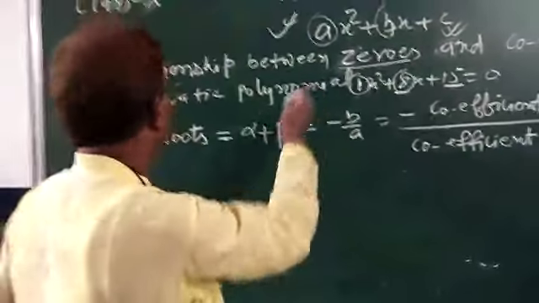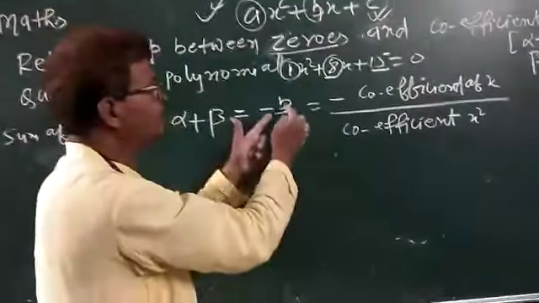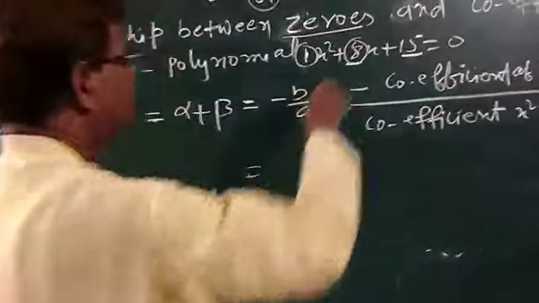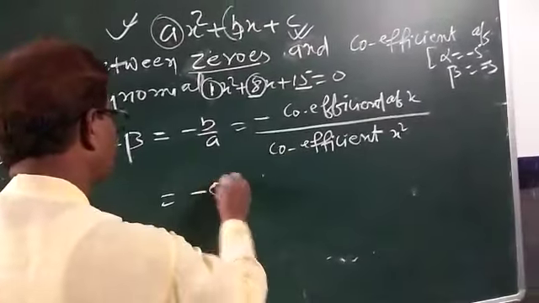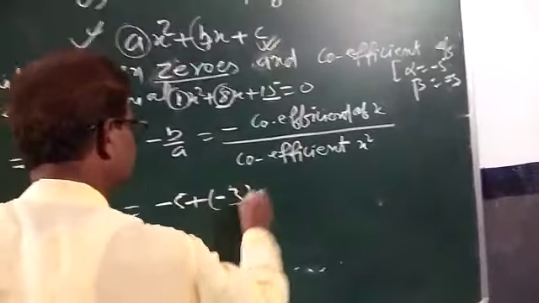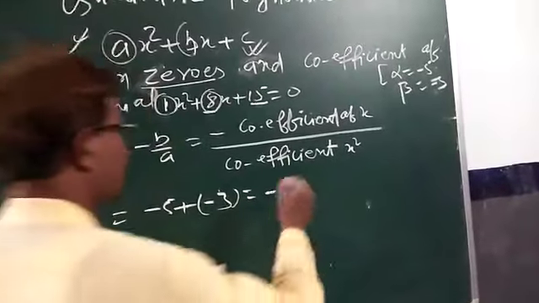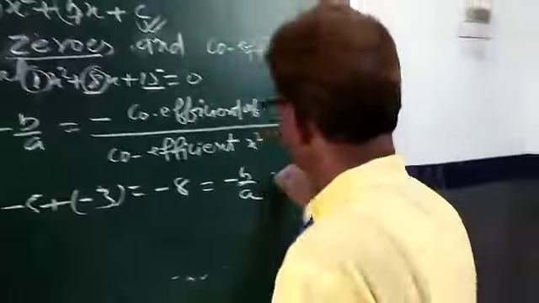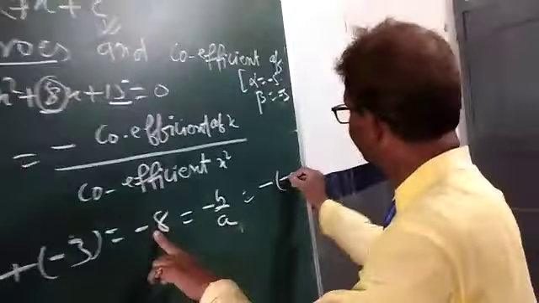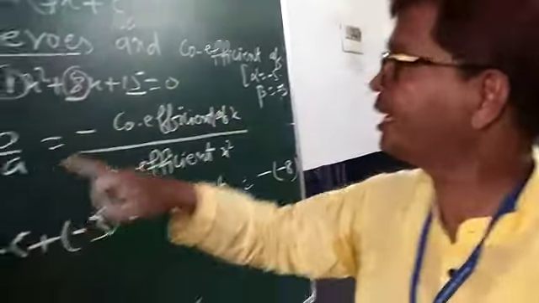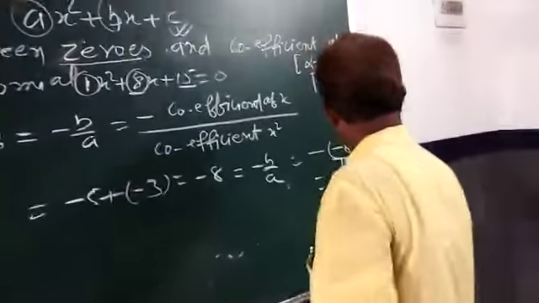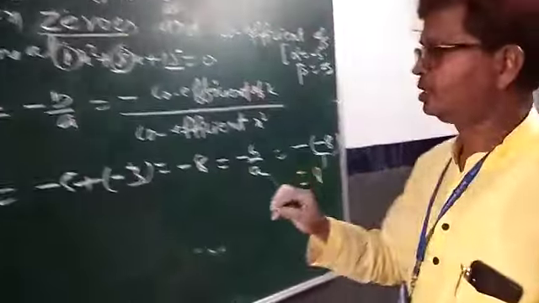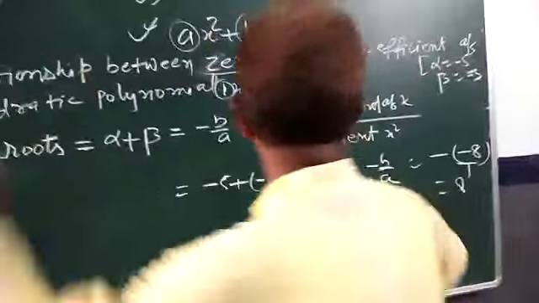And plus 8 by 1. See here, minus 5 plus minus 3 will be minus 8. And if you take minus b by a, so minus 8, and the value of a in this equation is 1, so 8 by 1, this will be equal to 8. Just try to understand.